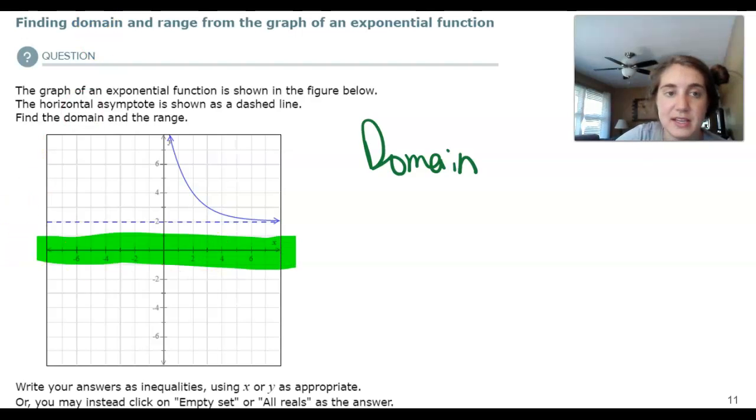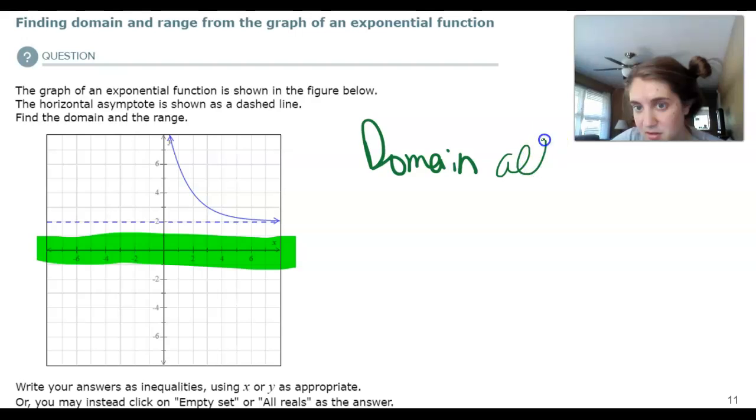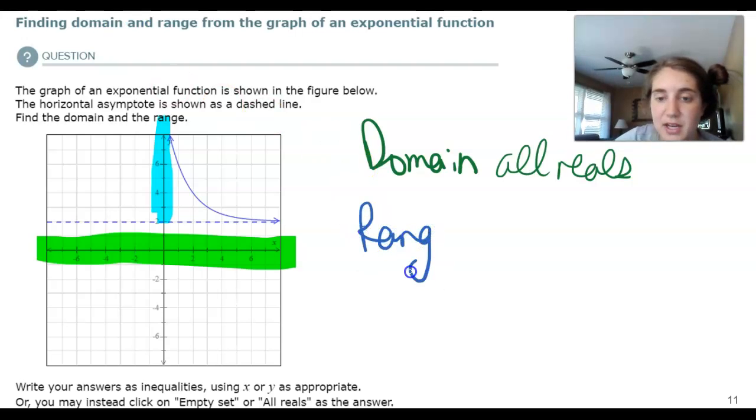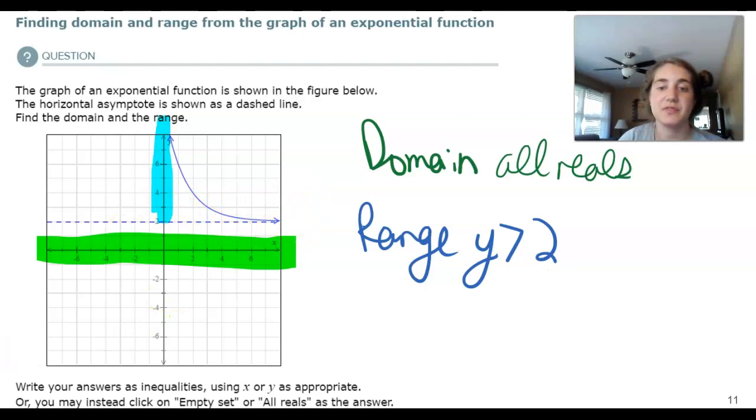I can put in any number, so my domain is all reals. However, the lowest y I can get out is a 2 because that's where my asymptote is. So my range is y is greater than 2, because I'm never going to get the 2 value because I have an asymptote there.